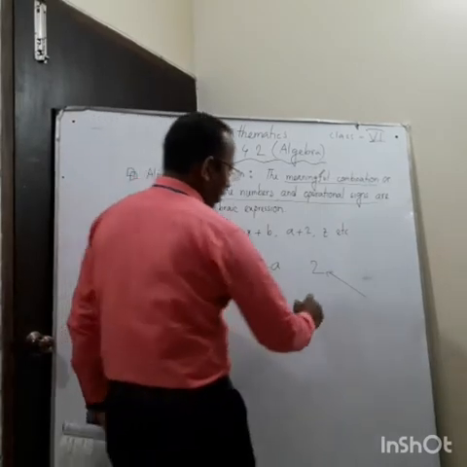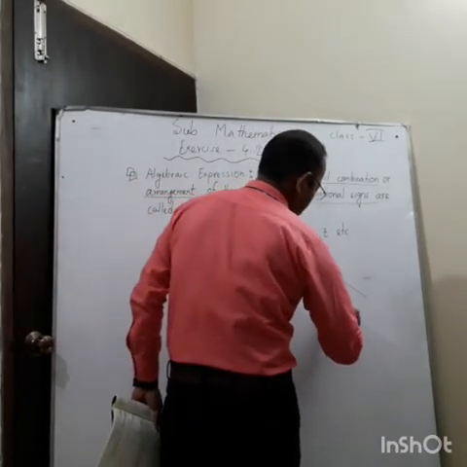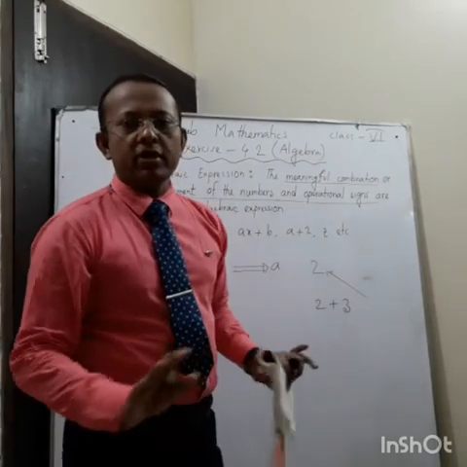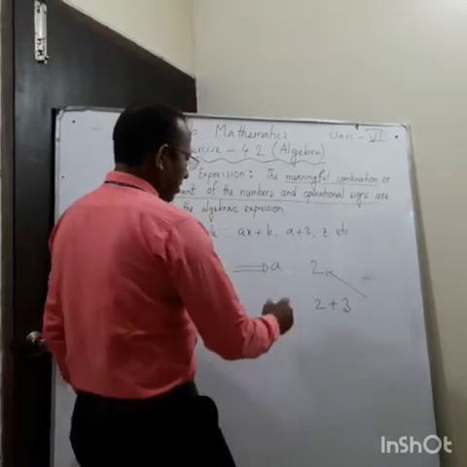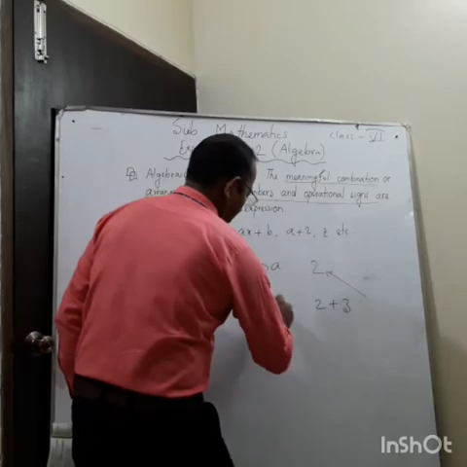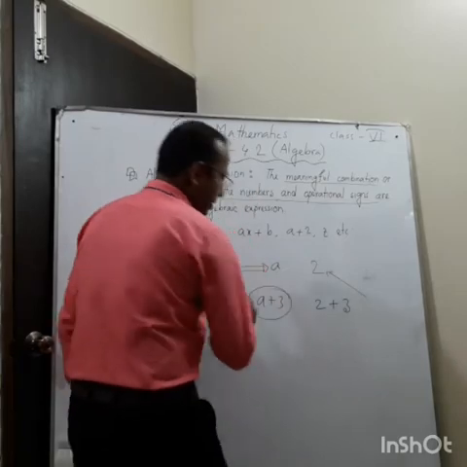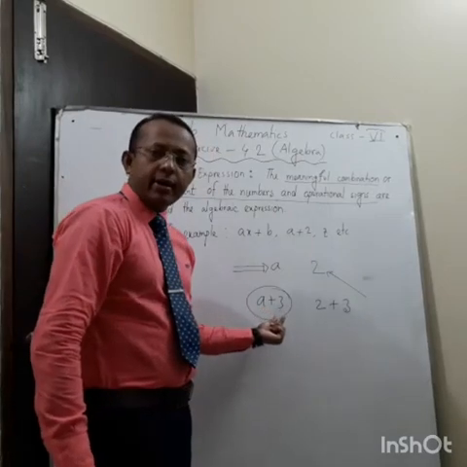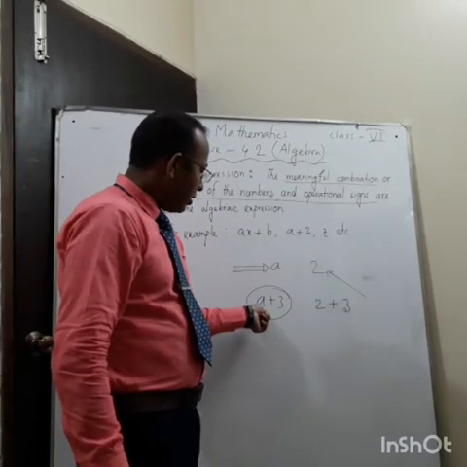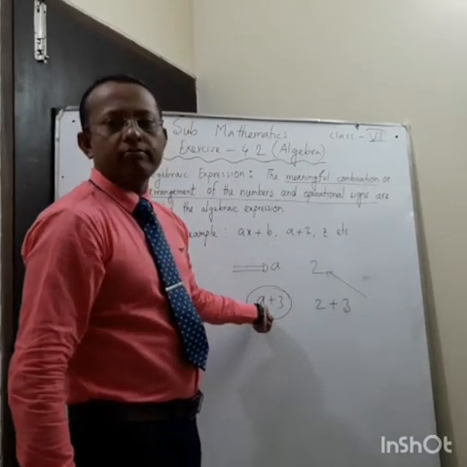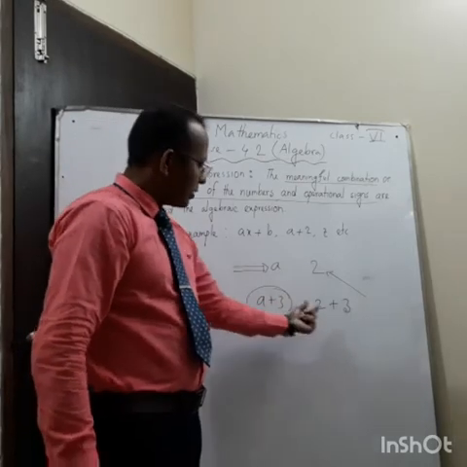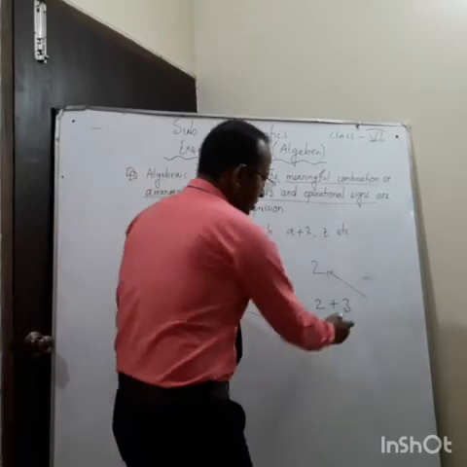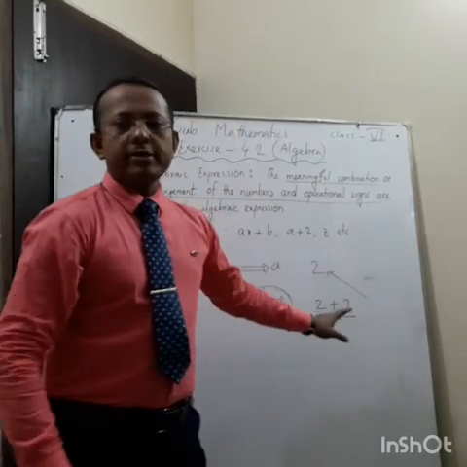Again, 2 plus 3 is an expression, but it is not an algebraic expression. But if I say A plus 3, this is an algebraic expression because we expressed a sum where a literal symbol is present. In 2 plus 3, though it's an expression, there is no literal symbol.